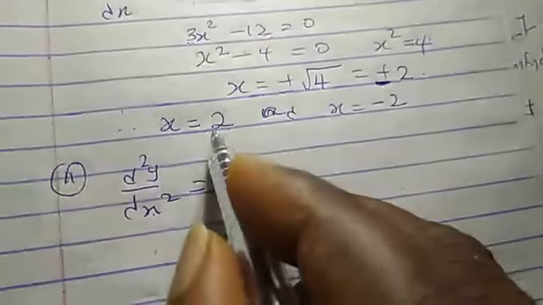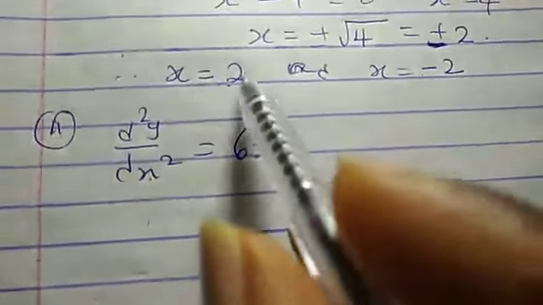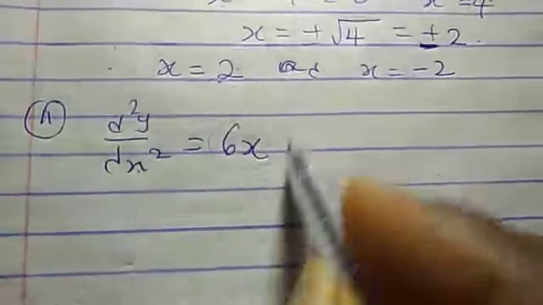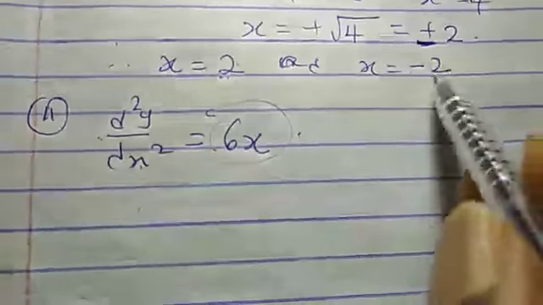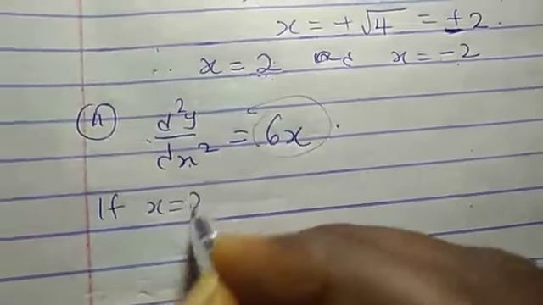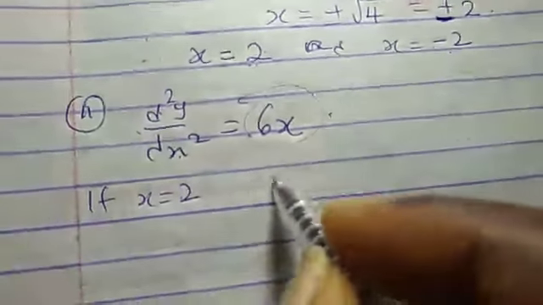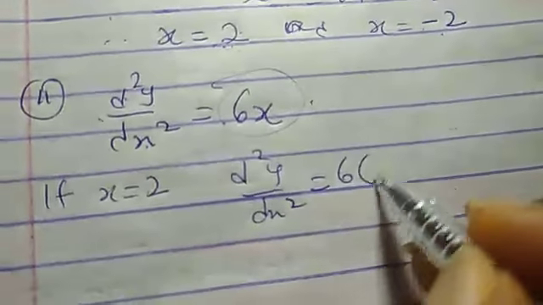Now, let me test this. We substitute these values. We can't know whether this thing is positive or negative. We don't know. Let us just substitute these values. If I substitute, I'll first say that if s is 2, what will happen? That second derivative will be equal to 6 times 2.